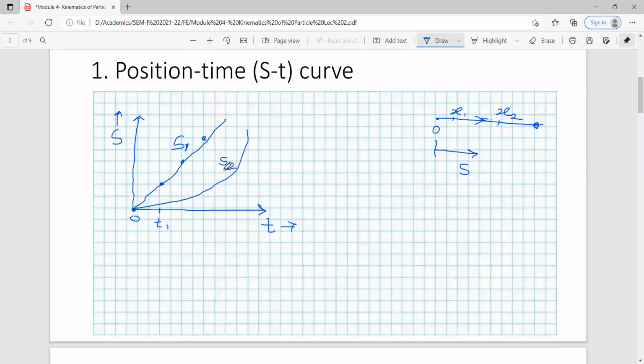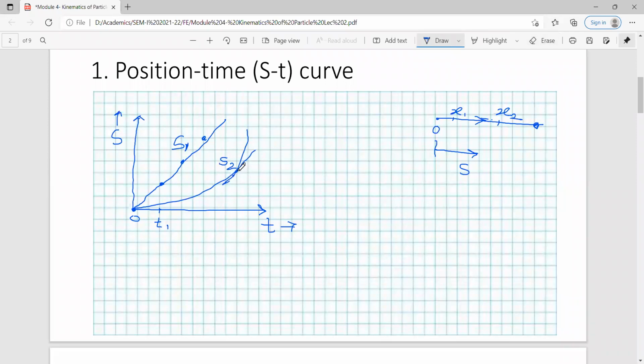Now if you take the tangent on this curve, at this point, say the graph goes from this point like this.